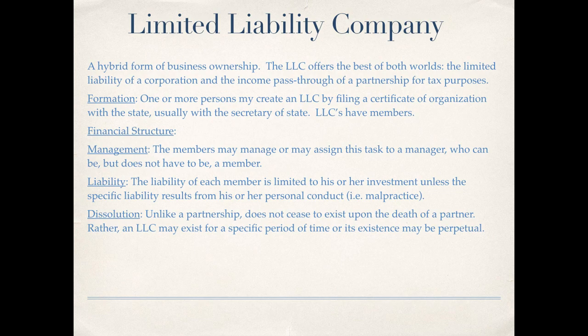It offers the limited liability of a corporation, but it allows what's called the income pass-through of a partnership for tax purposes. So LLCs, the people who start them, their tax returns can be done just like they would if they were in a partnership or a sole proprietorship.